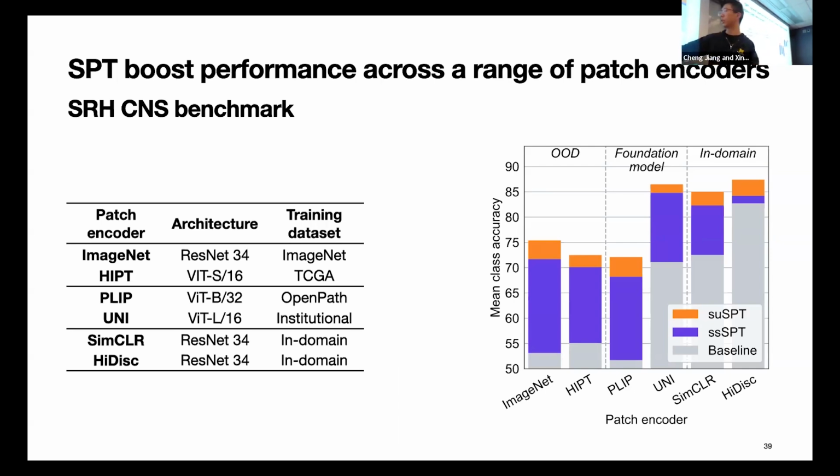And a model like PLIP is just not working so well compared to the H&E benchmarks. For SimCLR and HiDisc, these two methods, we trained the patch encoders on the SRH data. So they are basically in domain, and the baselines are comparable with Uni, and with SUSPT and SSPT, we can also boost their performance to a similar level, even if you have quite different patch encoders.